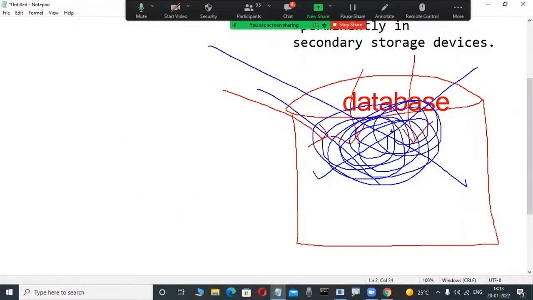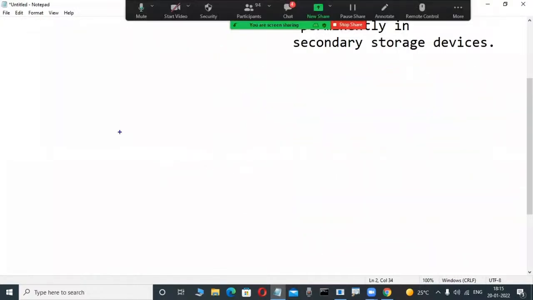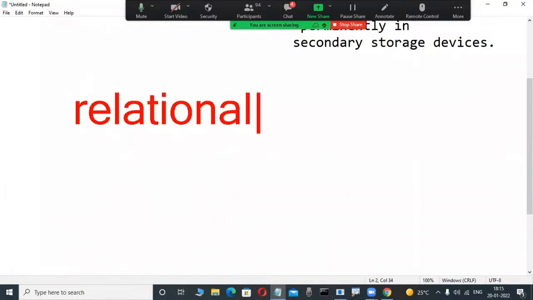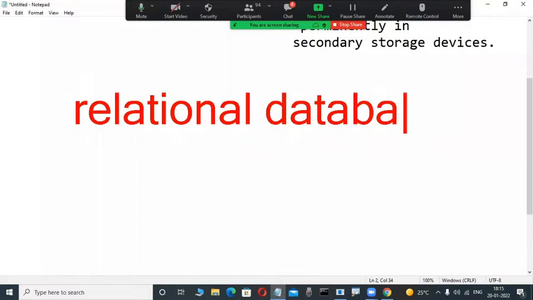Nowadays, for any random collection of data, there are non-relational databases, like MongoDB. That is different. Oracle, SQL Server, and DB2 are relational databases. Popular relational databases include Oracle, SQL Server, and MySQL. What are relational databases? We will learn in the future, don't worry.